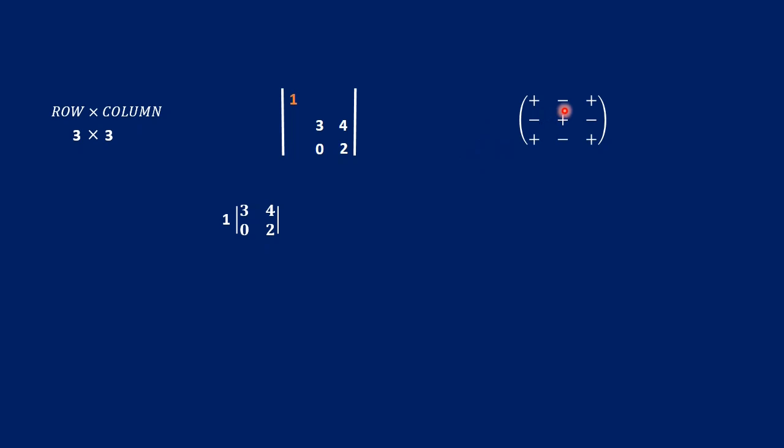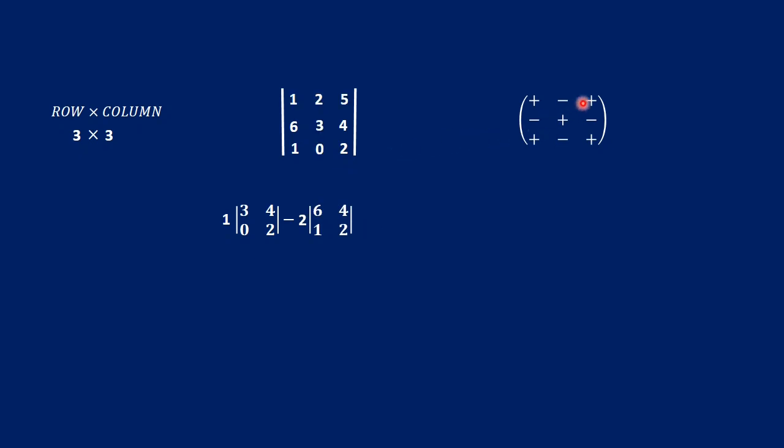The next place sign should be negative. We select the second number in the first row, delete the column, delete the row. So the second selected number multiplies the determinant of the remaining 2 by 2 matrix.